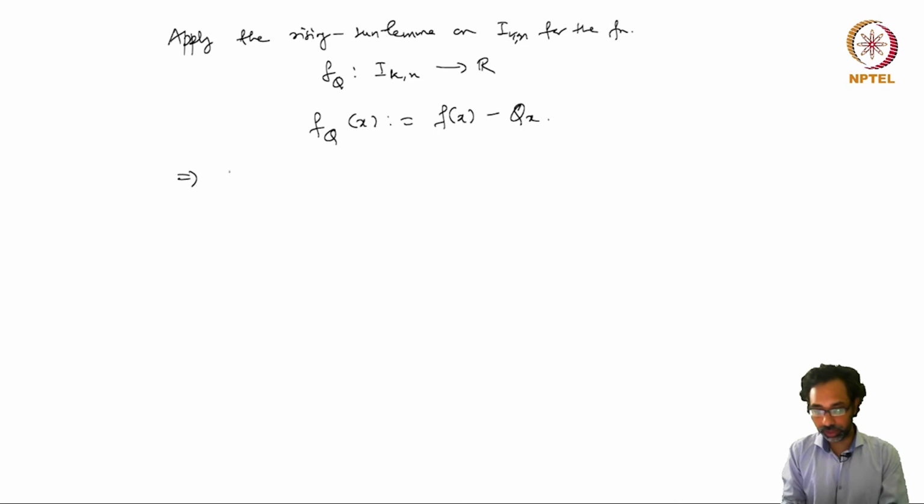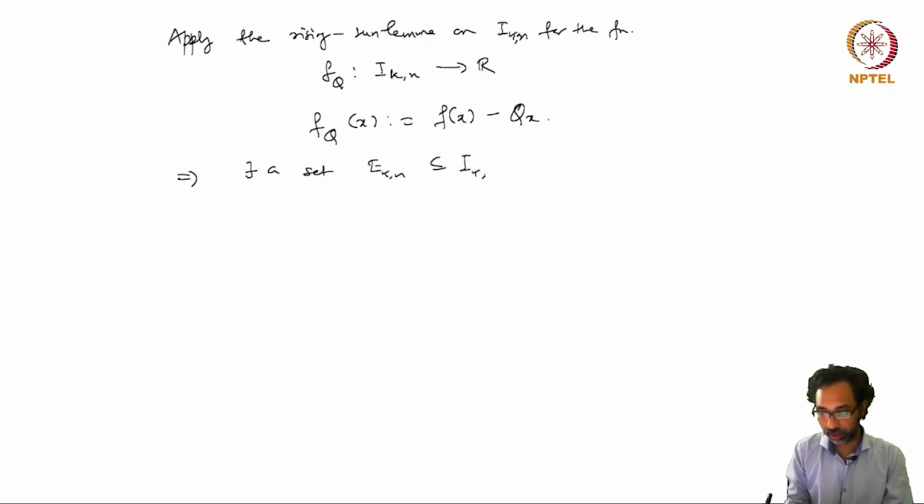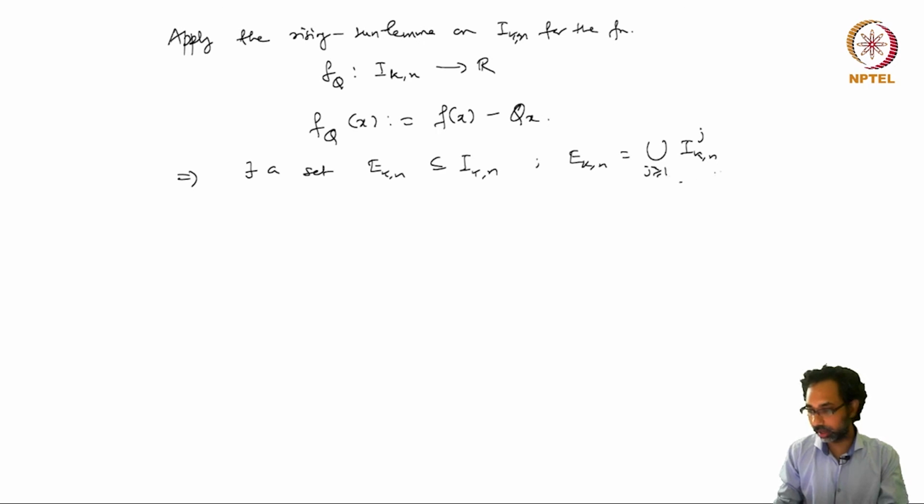And so again by the rising sun lemma there exists a set Ekn inside Ikn. Ekn is a countable union of disjoint open intervals Iknj.